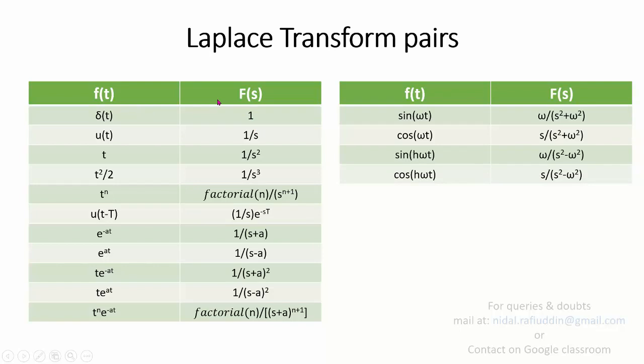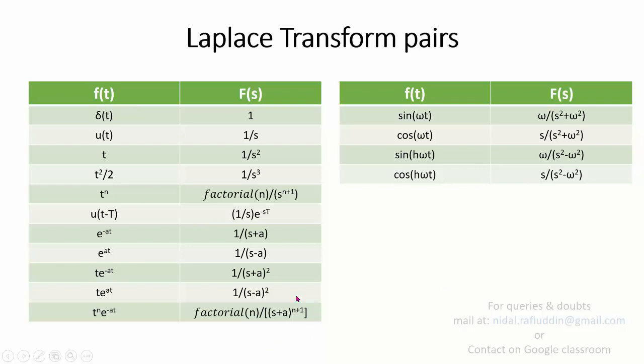I told you that it's better if you remember this table, because you will see that there are factors written on the right side which can be converted into f(t), or of these factors you can take the Laplace inverse.